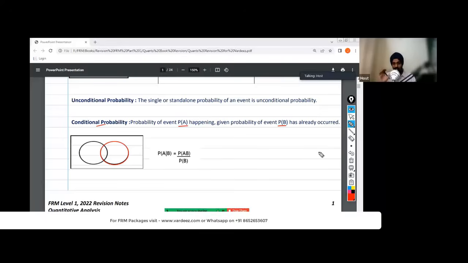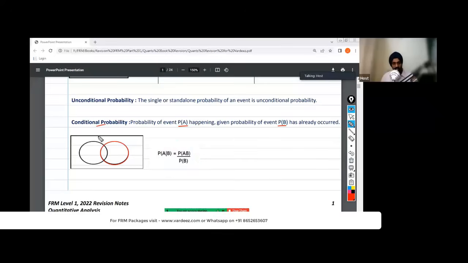So there is a condition attached to it. That is what conditional probability is all about. Given you have either a passport or a driver's license, what is the probability that you would register for the FRM exam? You can find that, and this is the formula that can help you find the answer.